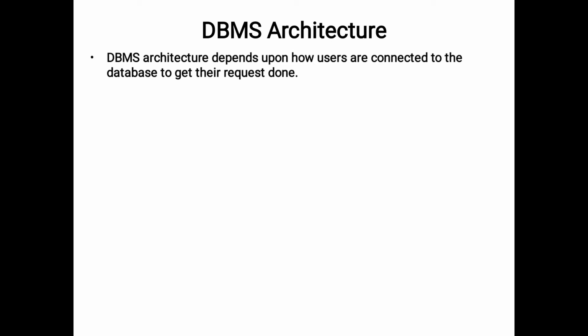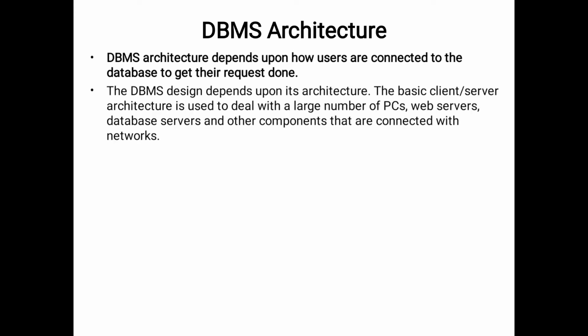From that point of view we have three levels: view level, conceptual level, physical level. Only at the physical level are users directly communicating with the databases. That is why the DBMS architecture depends upon how users are connected to the database to get their request done and how the response is received from the database.